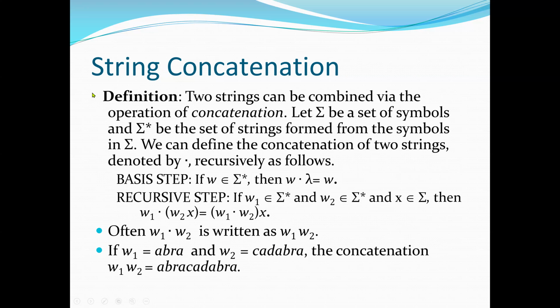We can also do string concatenation. The concept of string concatenation is to join two or more strings together. So we say two strings can be combined via the operation of concatenation, which is to join or combine two strings together.